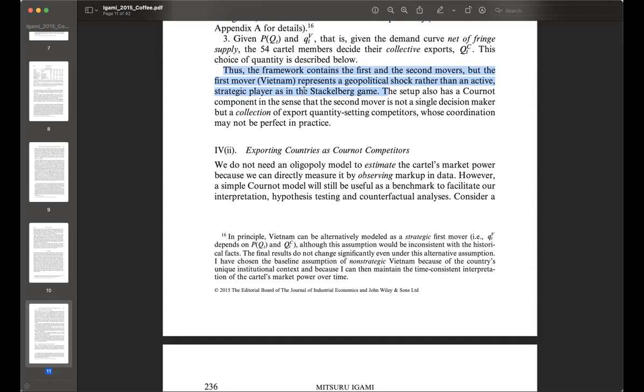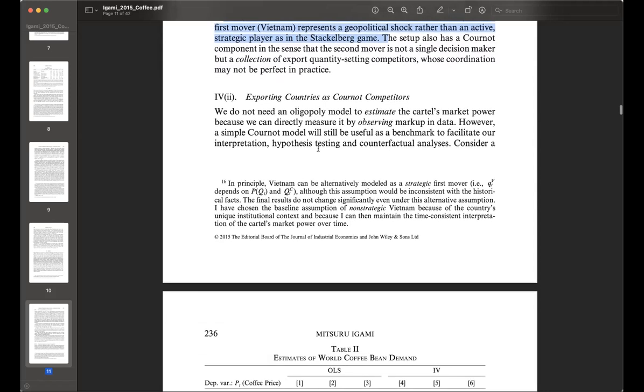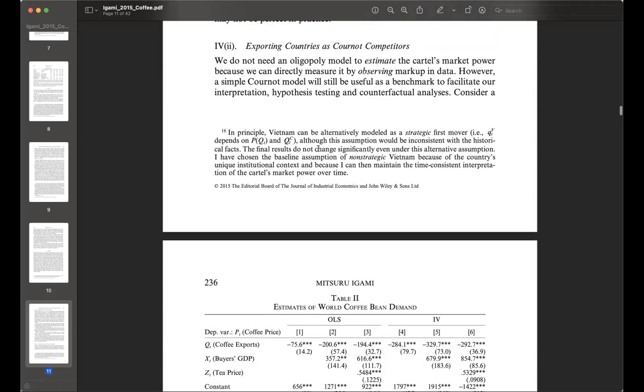No one expected it, and therefore it's not an active strategic player at the point in time in which they're studying. So it's like an exogenous shock. So it's not a Stackelberg game, and they will continue to analyze it as a static, simultaneous-move game, wherein the Cournot competitors or the cartel will maximize relative to the residual demand. Okay, game.